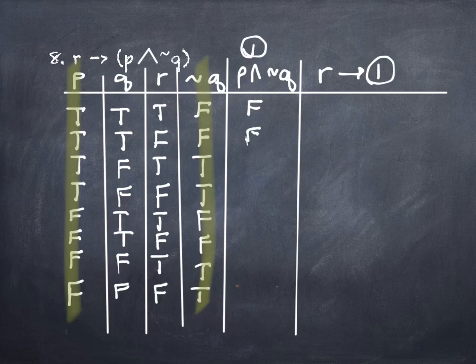The third one is true, true, so that's true. And the fourth one is true, true, so that's true. The last 4 all have falses in the P column, which means they're all false, because an and statement has to have both of them true, and we already strike out with P. So these are all false in rows 5, 6, 7, and 8.